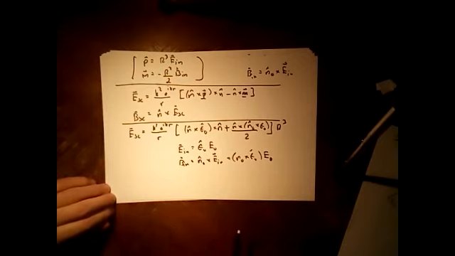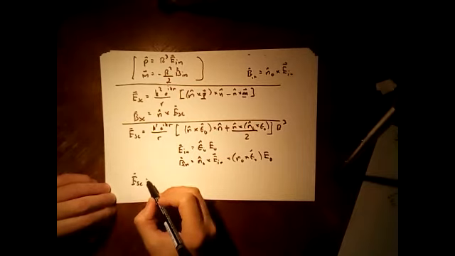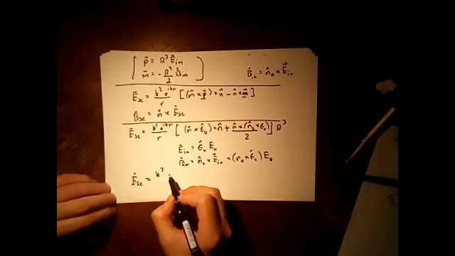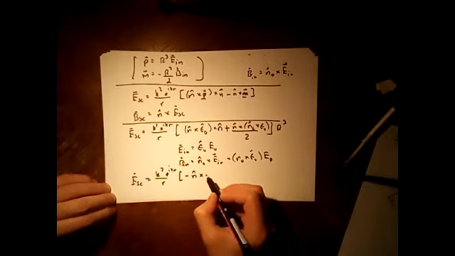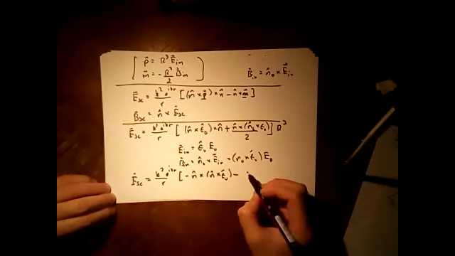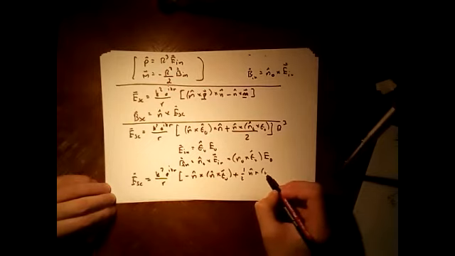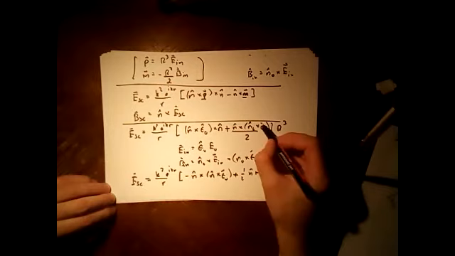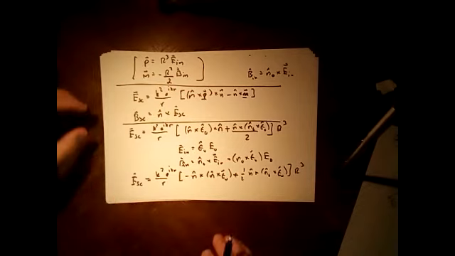That's actually what we're going to start with, and then we're going to massage this, or expand it all out. I prefer to write it, because I'm just used to the BAC-CAB rule in a particular way, as e to the ikr over r, minus n cross epsilon 0, minus 1/2, or plus actually, cross n0 cross epsilon 0. That's a vector. And I could put my R cubed wherever I want.